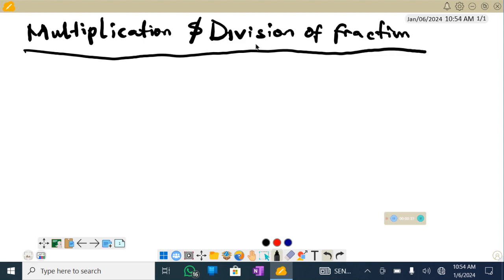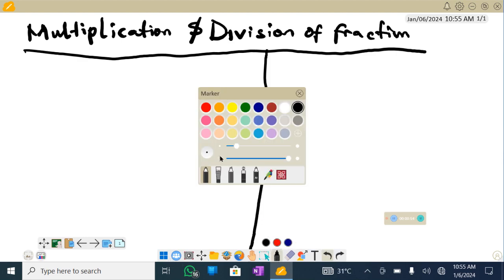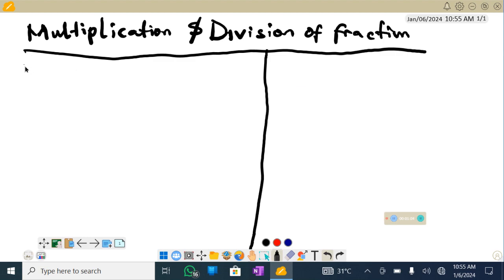We are going to divide our board into two parts. Please don't mind my ruling, it can look terrible. So let us get a smaller pen. All right, so we are going to first of all look at multiplication.